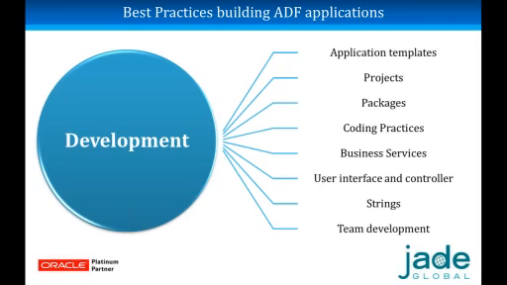Next important thing is business services. Business services are the heart of the application, and one of the best practices is to think about the service interface when you're deploying your business service, regardless of the technology you're using. You only expose those data or entities which you want to manipulate during your actual process deployment, not referencing all the entities which are available.